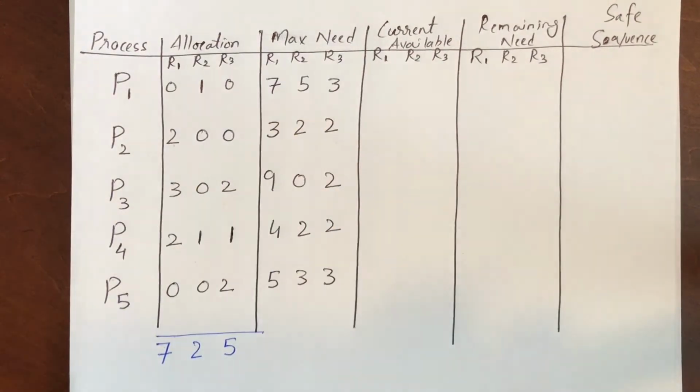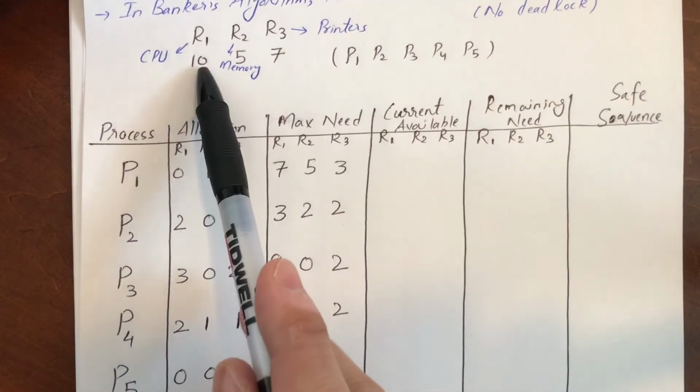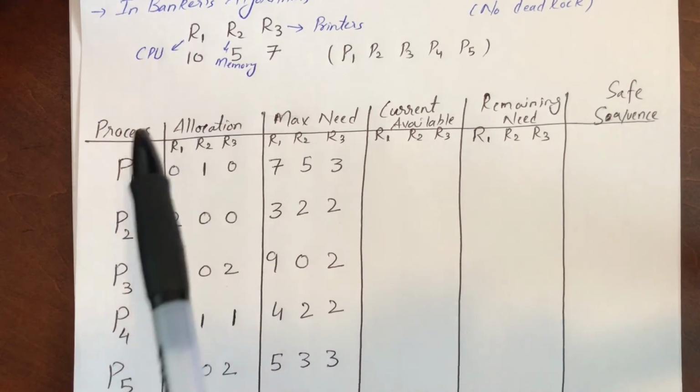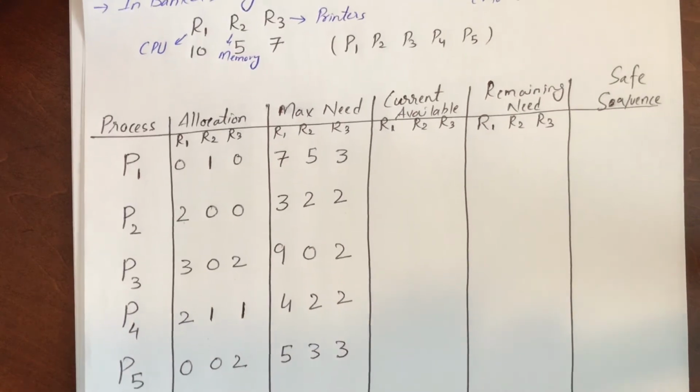So currently, how many resources are available? 10 R1, 5 R2, 7 R3 were the total resources available. We need to subtract allocated from the total.